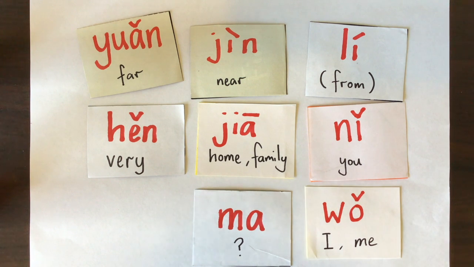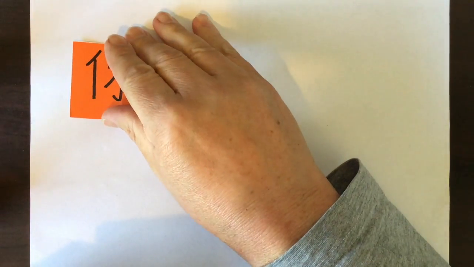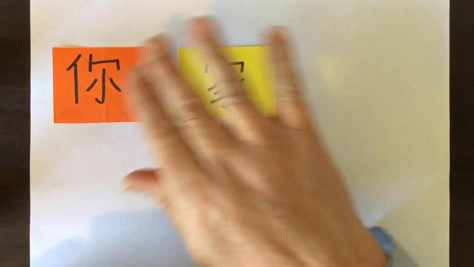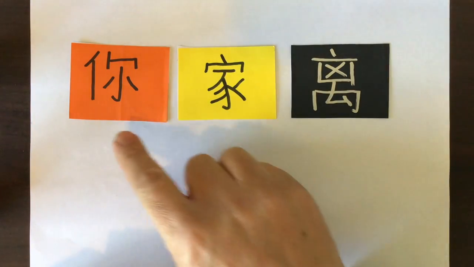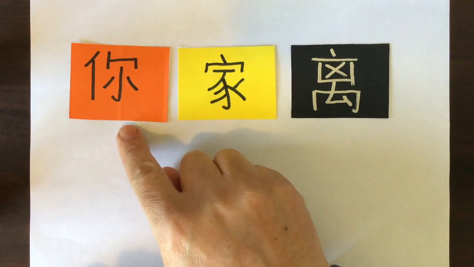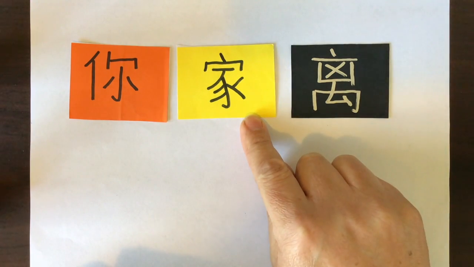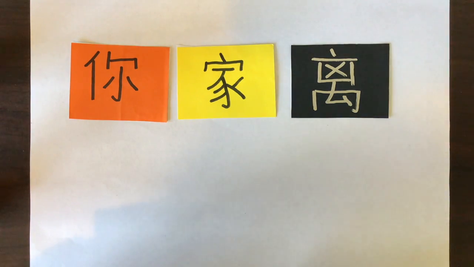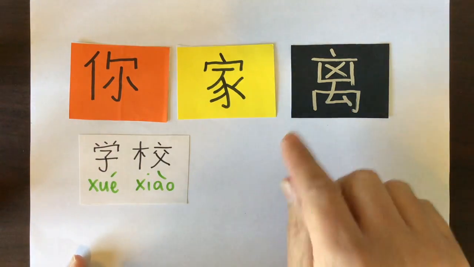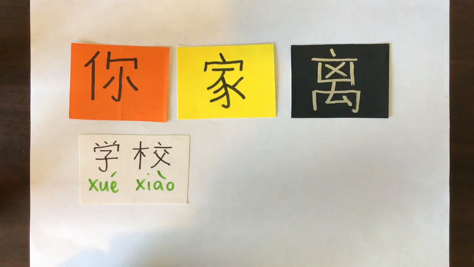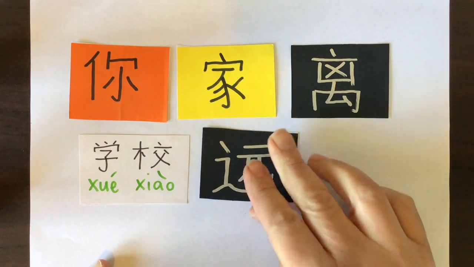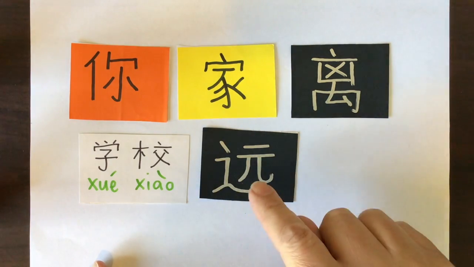Now let's take a look at how we can use some of these words in a sentence. If I was going to ask someone in Chinese if they lived a long way from the school, these are the words that I would use. 你家, you or your house. 你家里. 学校, from school. 远, so your house from school, far.